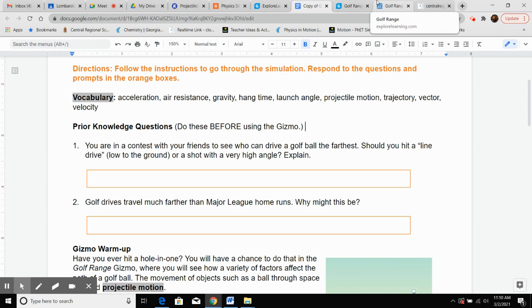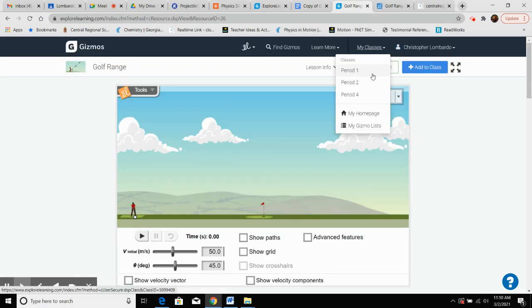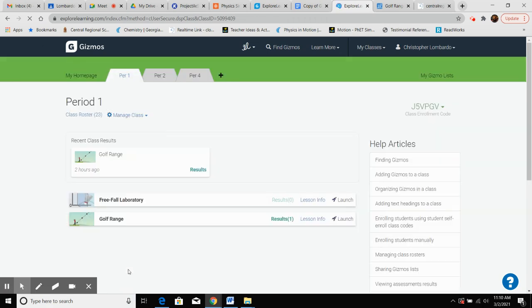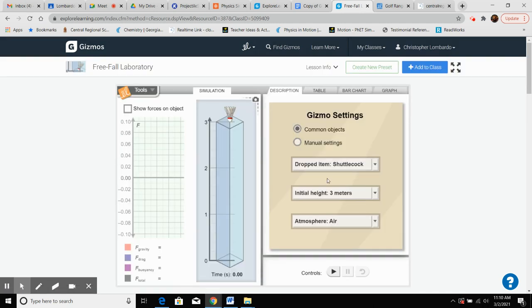If we went to the free fall lab, and we drop, say, the shuttlecock versus something that's even lighter, the cotton ball.